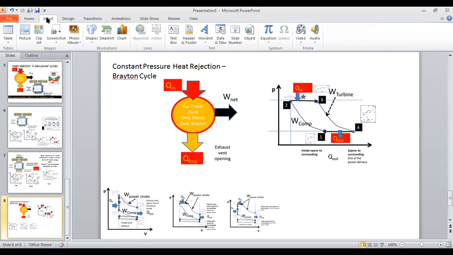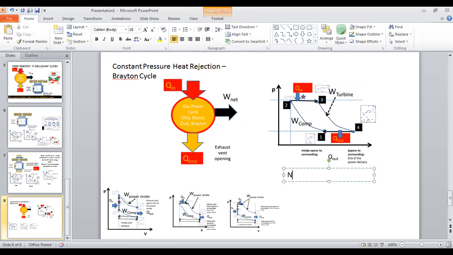So here the reason is no valves for maintaining strokes as in piston cylinder arrangements.